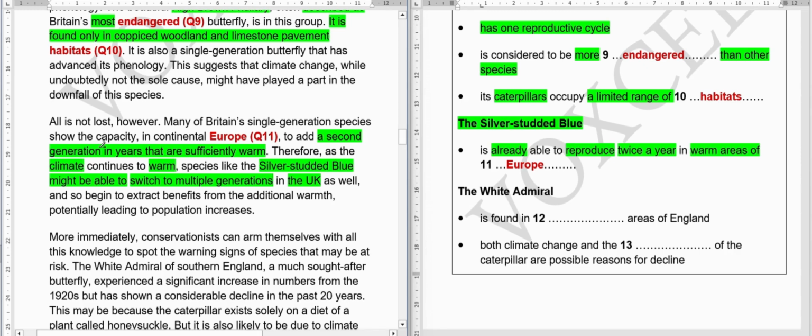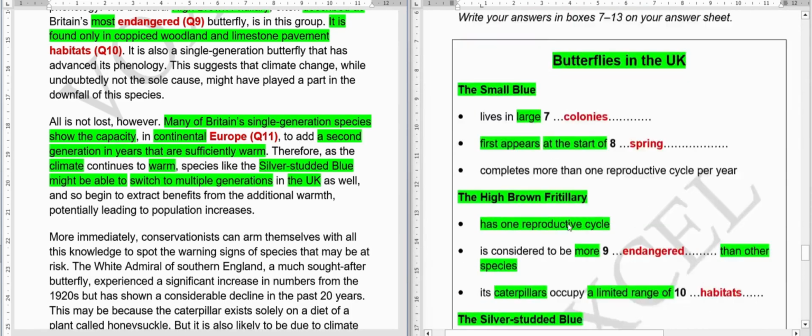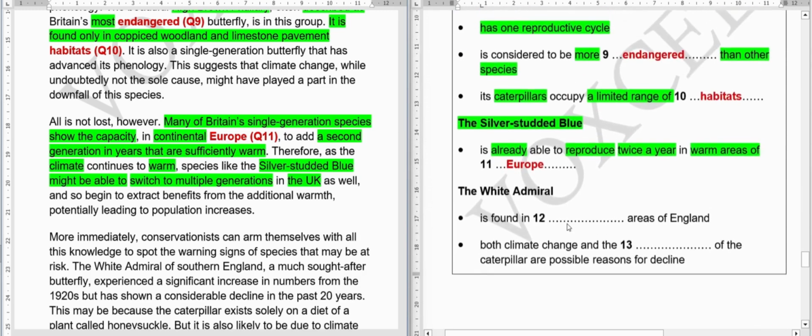All right. And why Europe? Because they are saying many of Britain's species show the capacity in continental Europe. I cannot write continental Europe because we have to write one word only, and if I only write continental, it will not make sense. So we have to write the answer Europe. They are showing the capacity to add a second generation, meaning they are already able to reproduce twice.